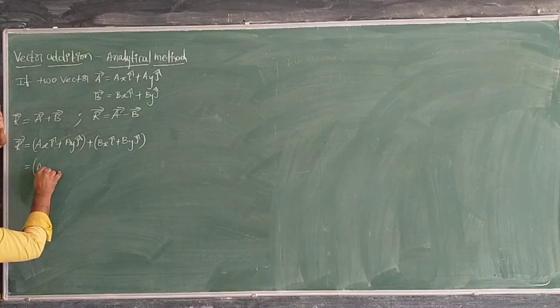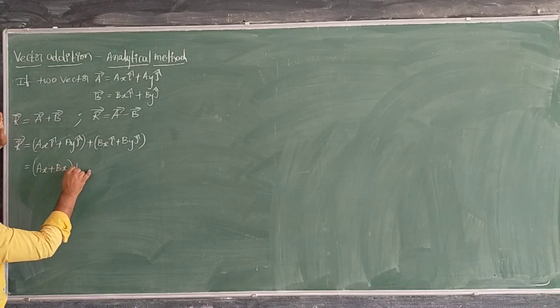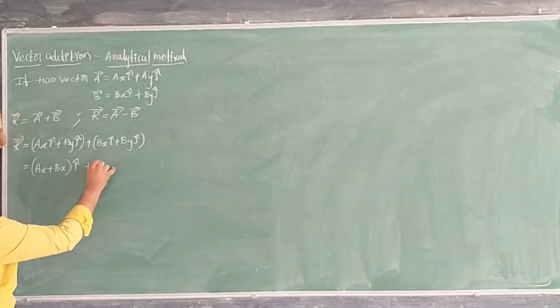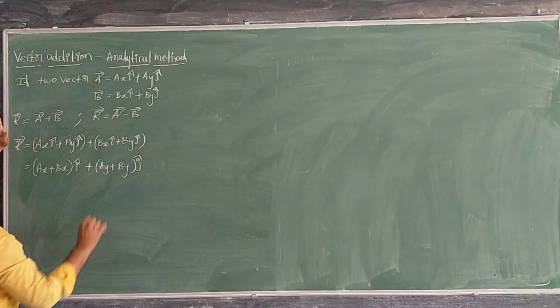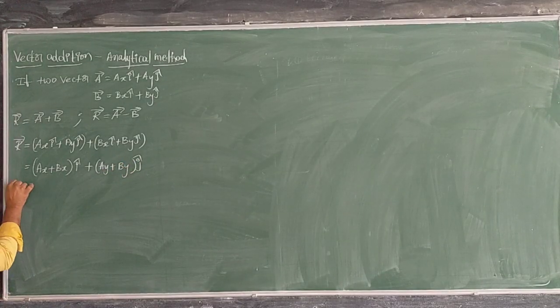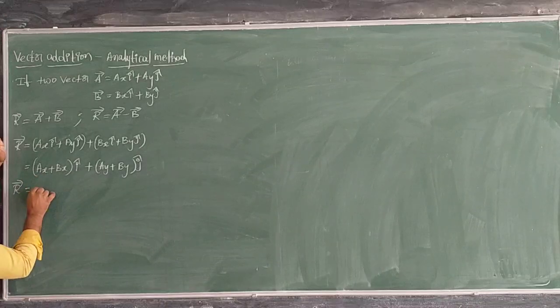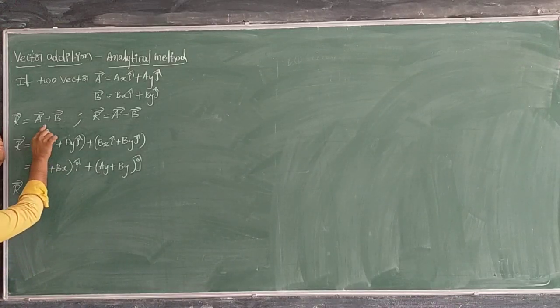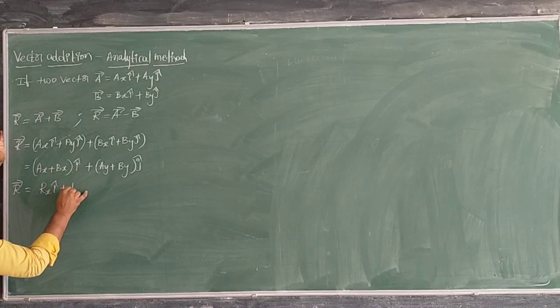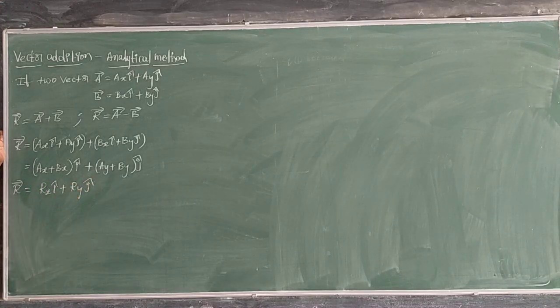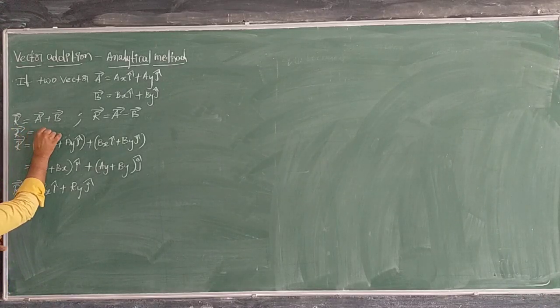So I can write Ax plus Bx into i cap plus Ay plus By into j cap. A plus B is nothing but R, so Ax plus Bx is Rx i cap, plus Ry j cap. We can write it like this.